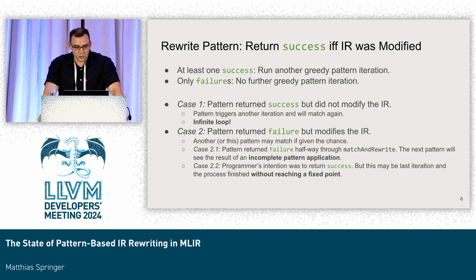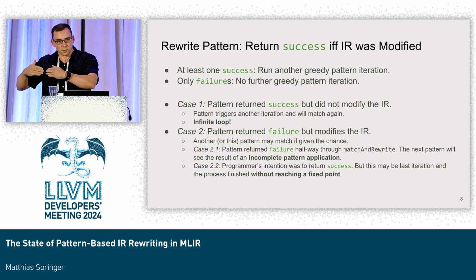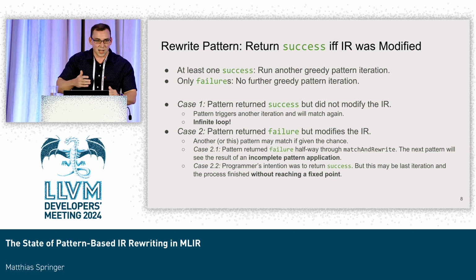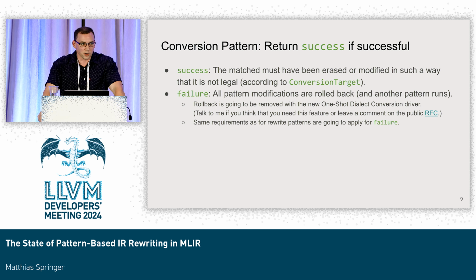Similarly, if you return failure, but you modify the IR, you tell the rewriter that this pattern did not match, but actually you changed the IR, and now it's in an inconsistent state. So maybe you already started rewriting, and then you aborted. You said return failure. The next pattern comes in, and it sees some 50% applied pattern application here. So that's another problem. For a conversion pattern, we're a bit more lenient.